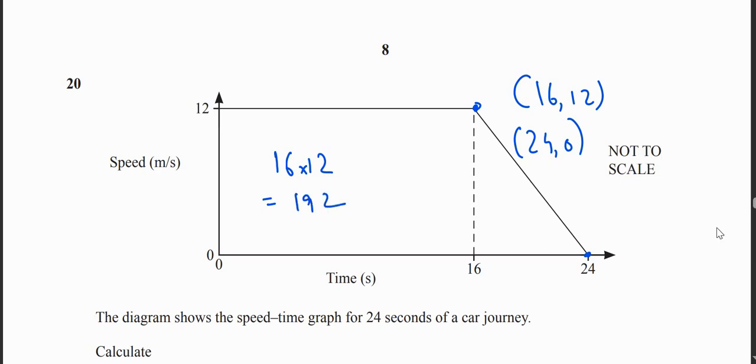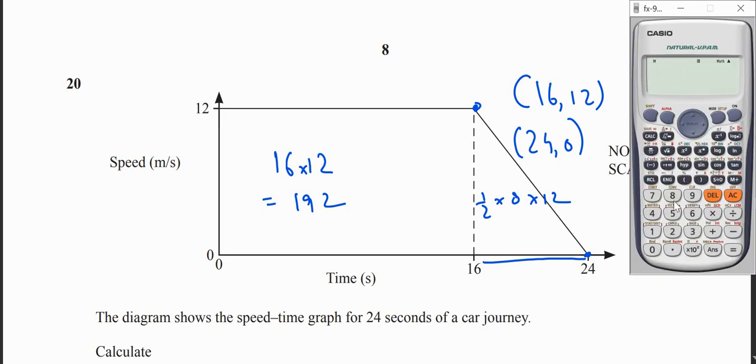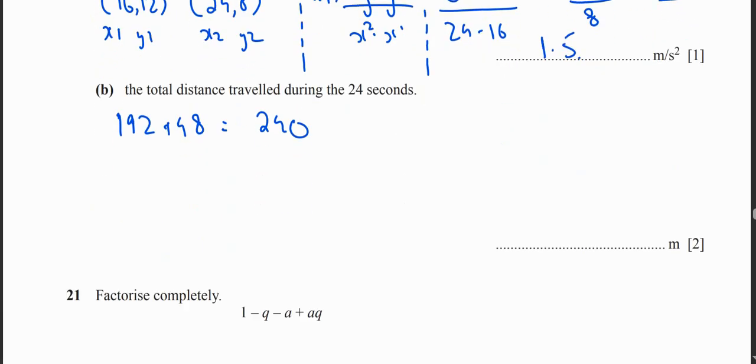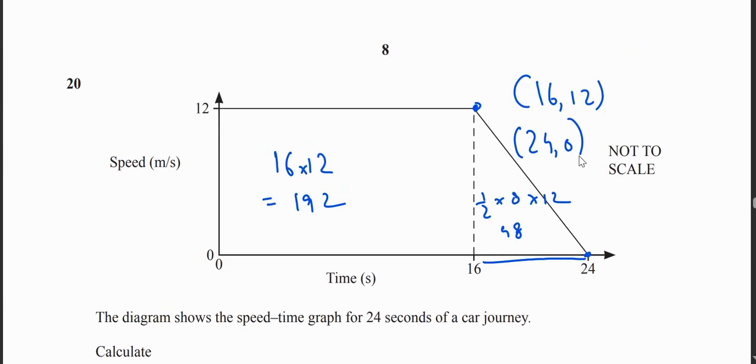And then the area of the triangle, half into base, base is 8 multiplied by height, height is 12. So 8 multiplied by 12 divided by 2 is 48. You will do 192 plus 48, which is 240.